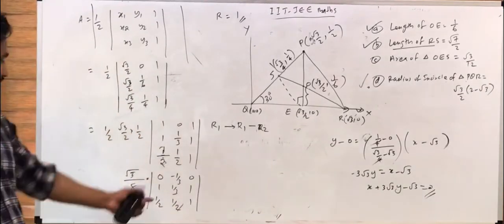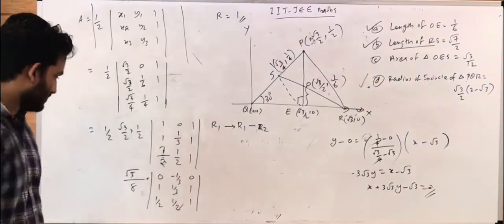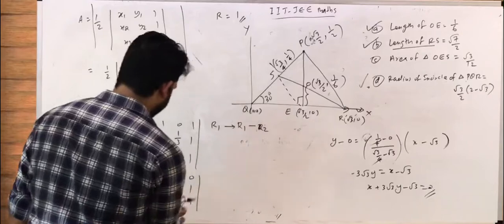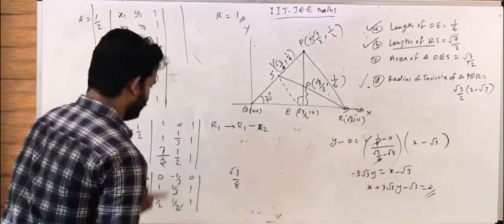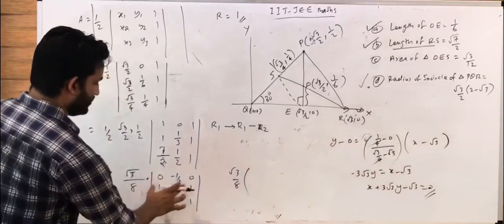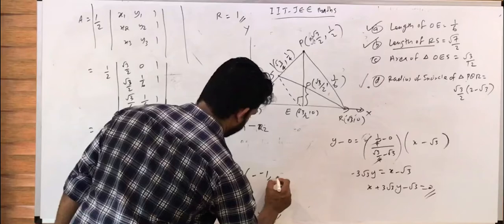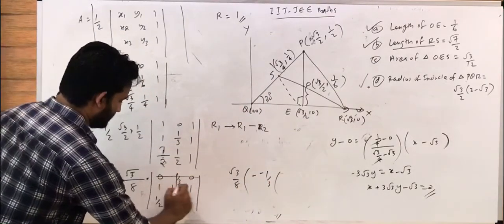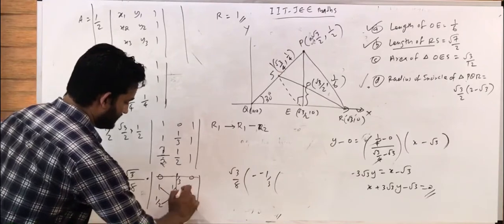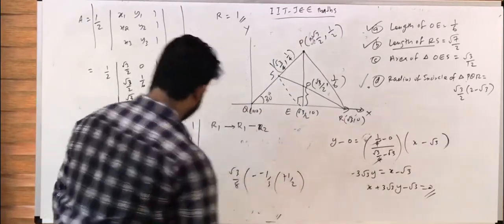Okay. Now we can expand this using the column expansion. That is root 3 by 2 into this 0, into this term cancel, and minus of minus 1 by 3 into, if you take this row and column, then 1 minus 1 by 2, that is minus or plus 1 by 2.